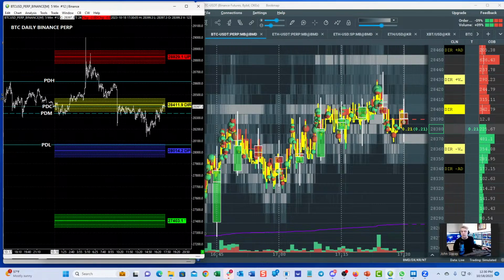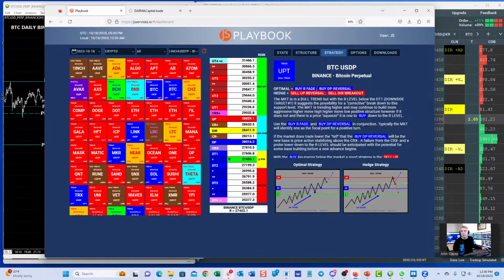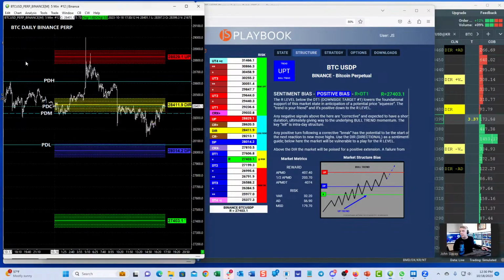And we go back to our structure example here. This gives us more clarity.